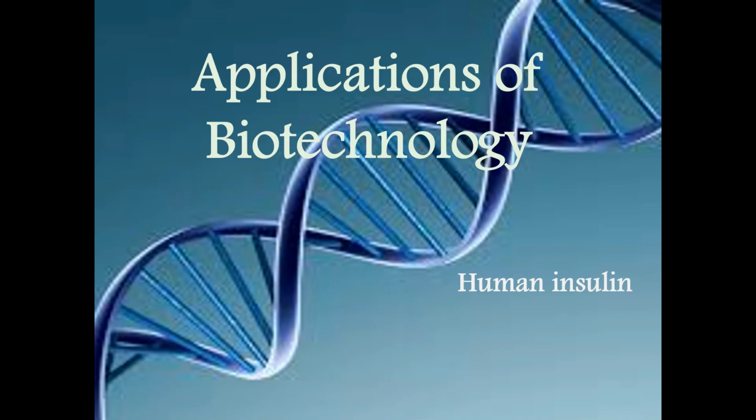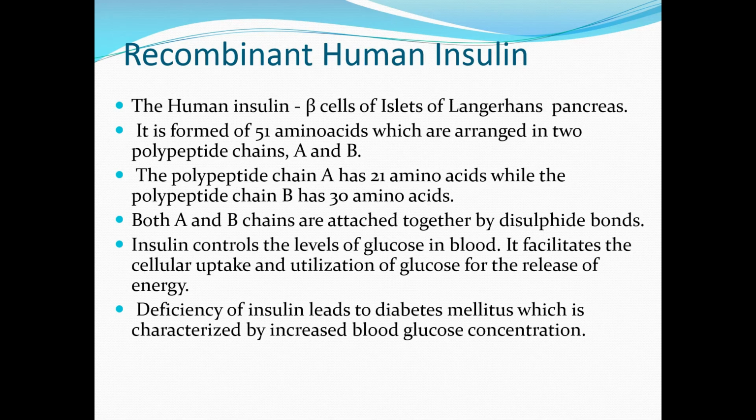The recombinant DNA technology has led to a large-scale production of various hormones and proteins of therapeutic use. First, we are going to learn about recombinant human insulin. Human insulin is synthesized by the beta cells of islets of Langerhans in the pancreas.